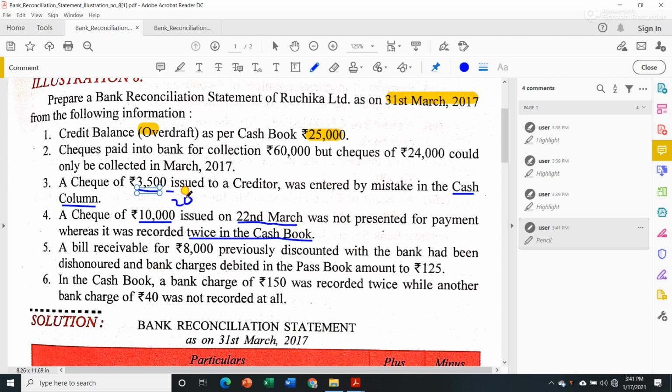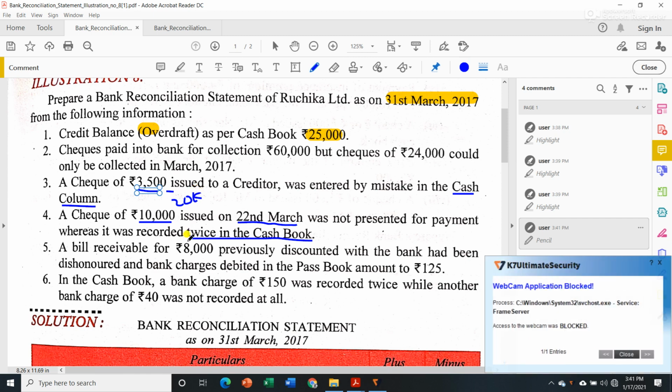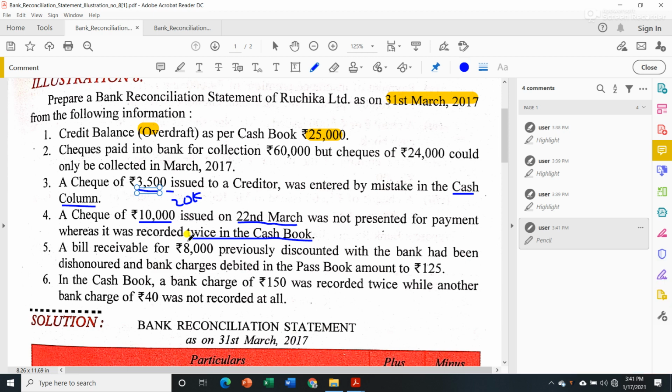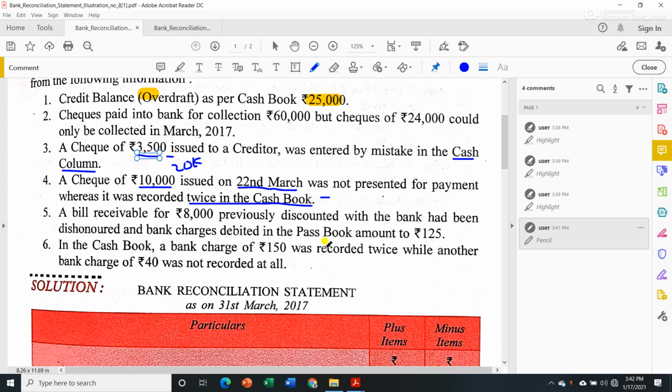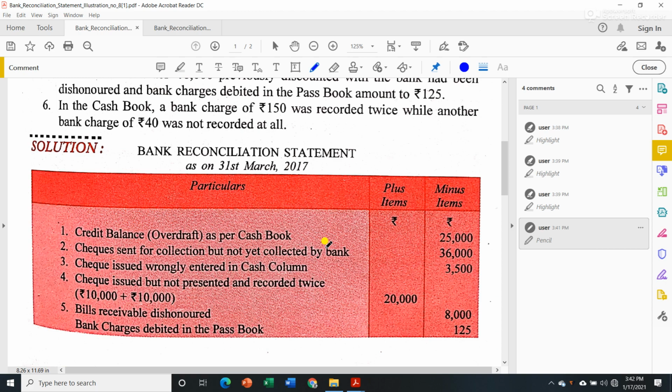That means 20,000 was recorded in our cash book that we have paid, but in actual it was not deducted. Neither 20,000 nor 10,000 was deducted from our bank account. So that means our cash book is showing 20,000 more than our passbook. So what we will do is that we will just simply write this 20k in the minus column, or we will deduct 20,000 from our cash book so that our cash book balance and passbook balance will be equal.